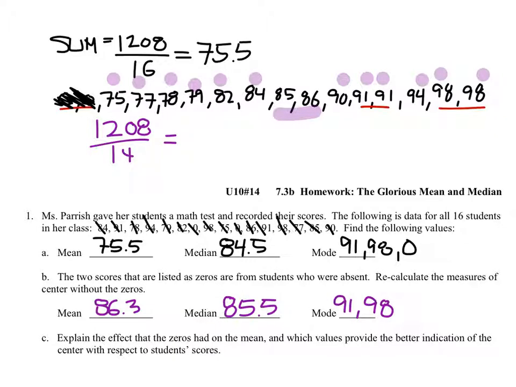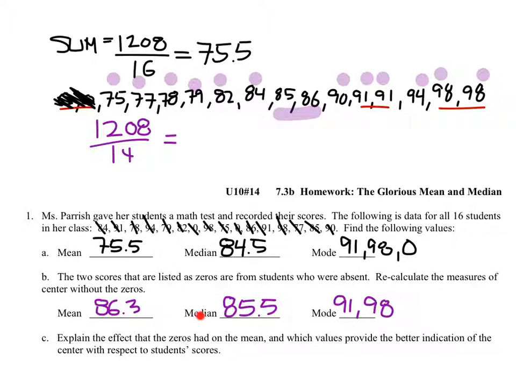All right. Explain the effect that the zeros had on the mean and which values provide the better indication of the center with respect to the student scores. Well, it definitely changed the mean quite a bit, because before the mean was 75.5, but removing them increased the mean by over 10 points.